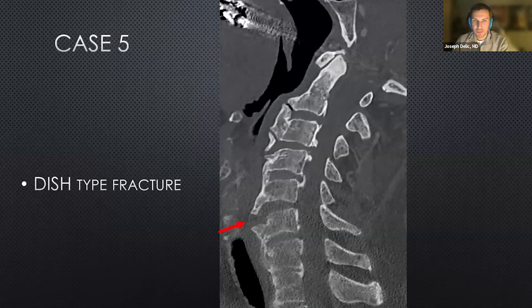So this is a DISH type fracture. And what we're seeing here is some asymmetric widening, both of that ossification in the front as well as the disc space here at C5-6. So there are some breaks in this upper area of the ossific bridging, but this widening, this asymmetry is the key.